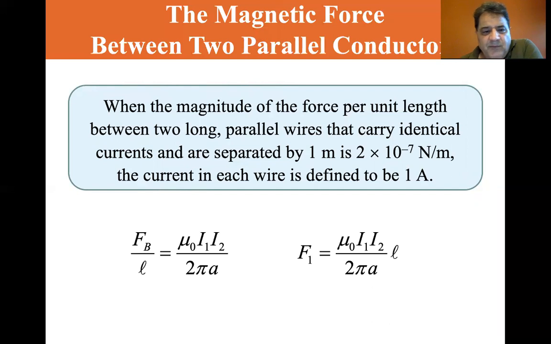So the magnetic force per unit length, F over L, is equal to mu 0 I1 I2 divided by 2 pi a, where a is the separation distance and L is the length.